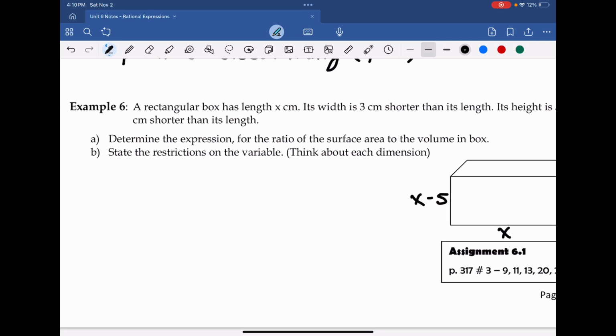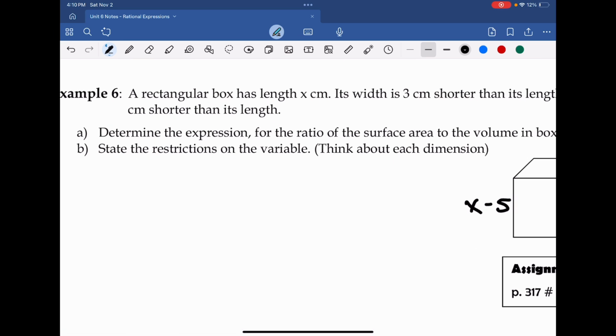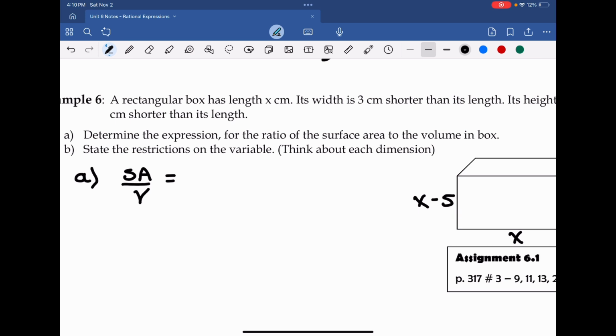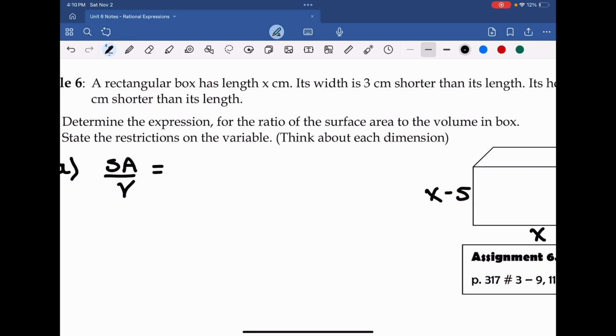Now that we have all of these in here, we can write out an expression for part A, which says determine the expression for the ratio of surface area to volume. For part number A here, this ratio is SA over volume. To figure out the surface area of the box, we need to take each length, width and height and multiply them by each other and multiply them by 2 because there's 6 faces total.